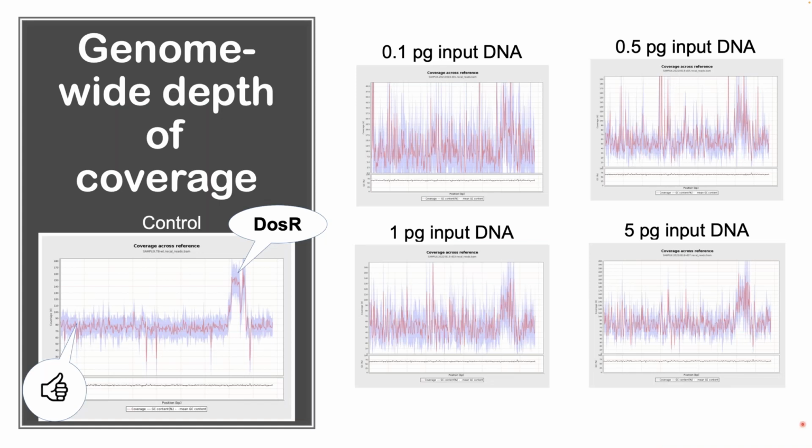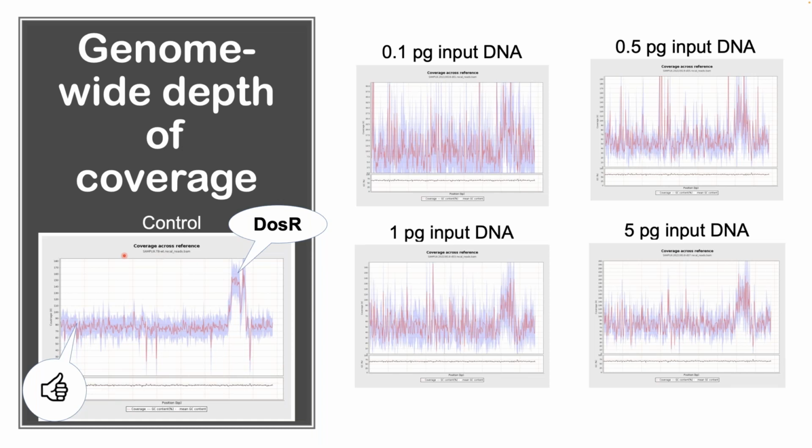Our analysis of the genome-wide depth of coverage offered some valuable insights into the sequencing performance across the different input amounts of DNA and this positive control. In these coverage plots that I present here, you can see the sequencing depth on the y-axis and the genome position on the x-axis, all 4.4 million bases.